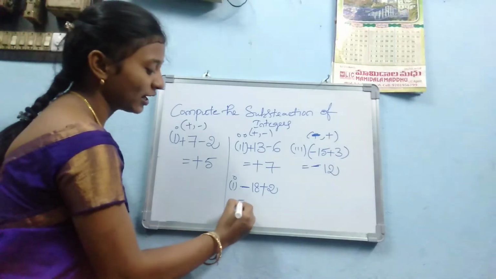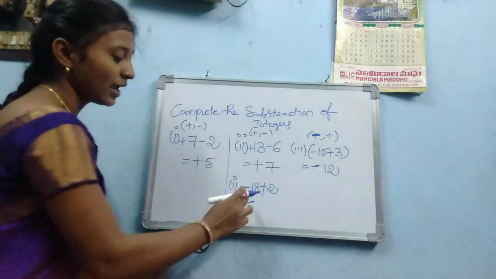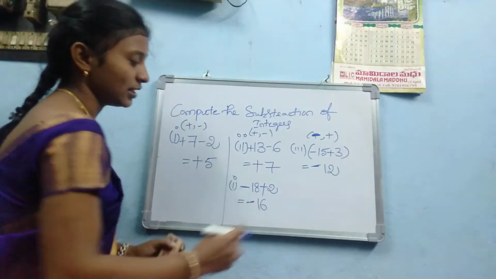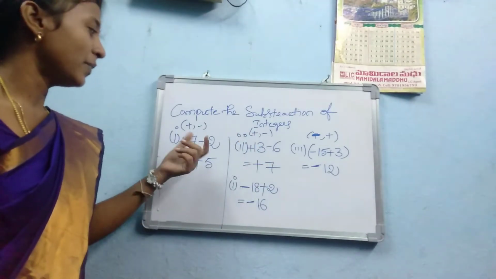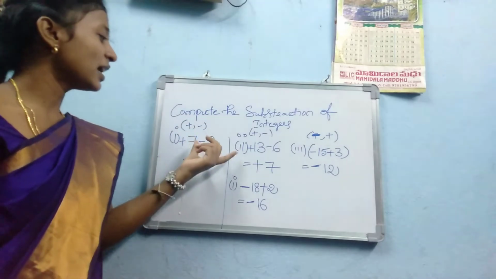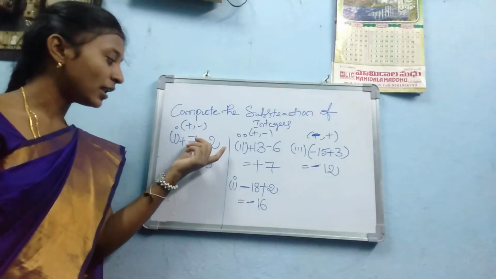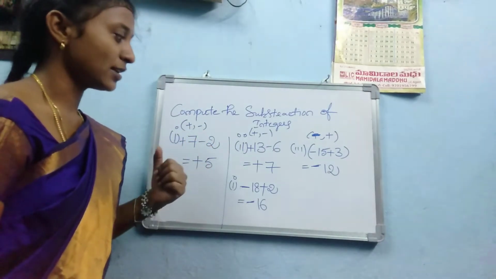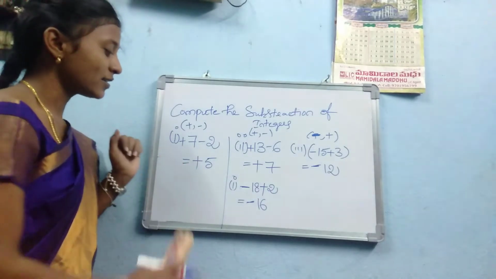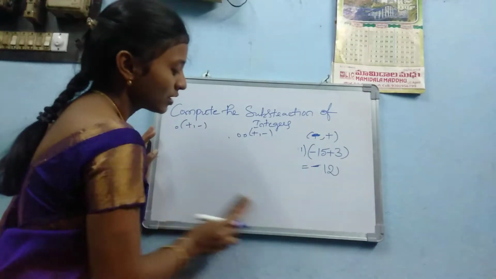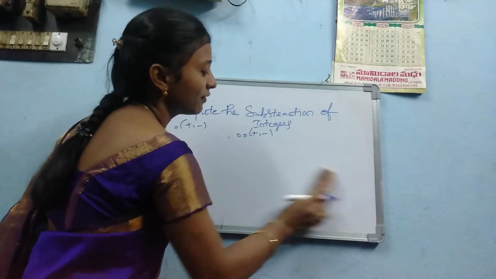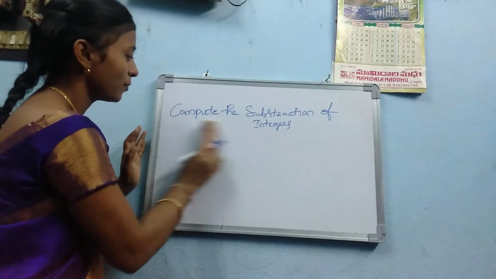The biggest number has the negative, so minus 18 minus 2 is 16. These are subtractions of two integers. In this, whichever symbol the biggest number has, the answer takes that symbol. The biggest number has the plus symbol, so we get the answer also in plus.